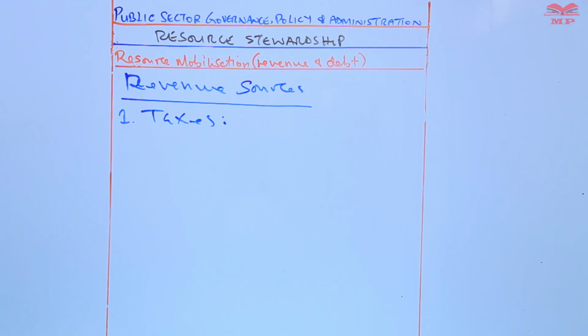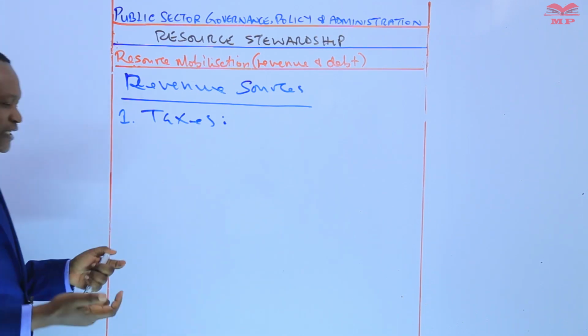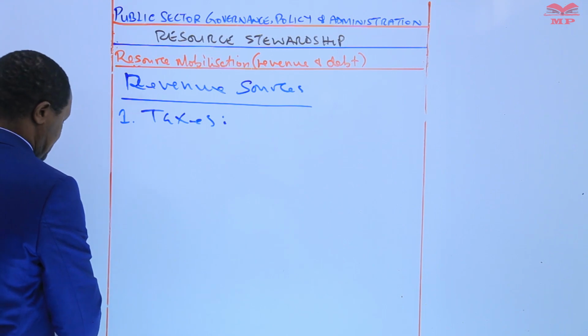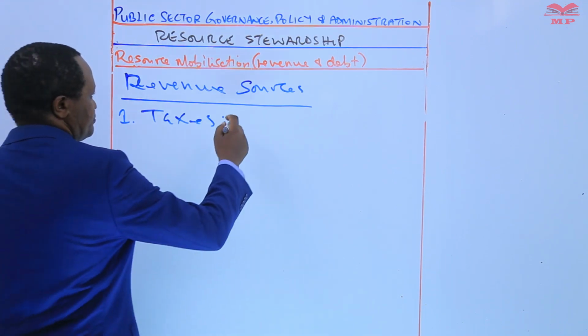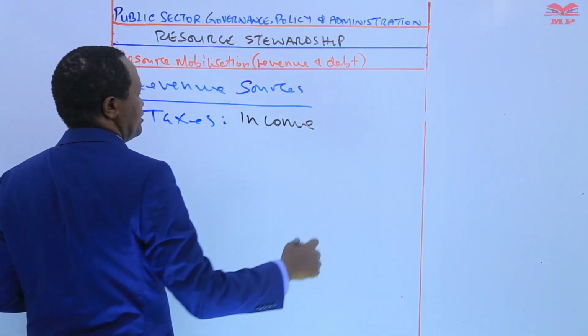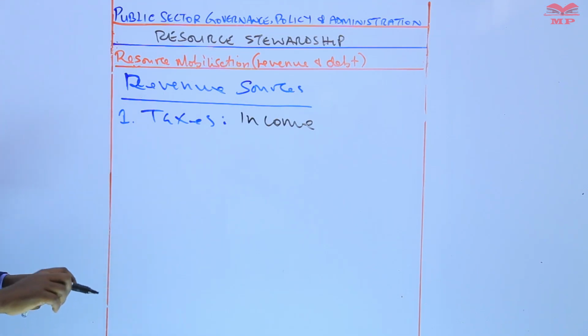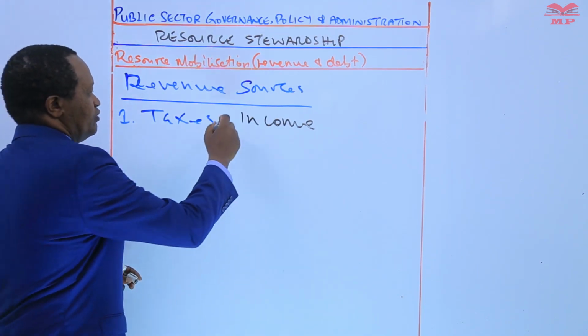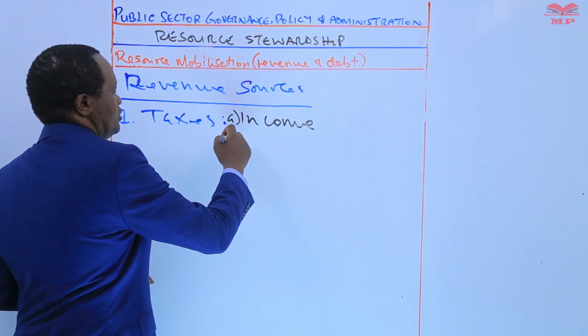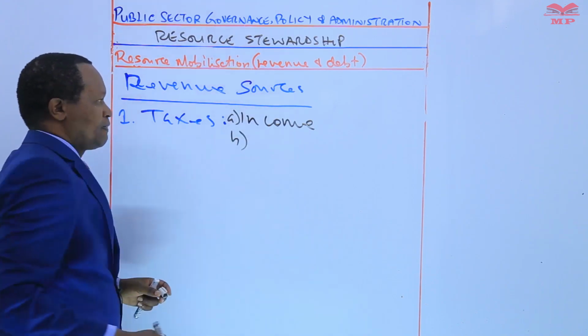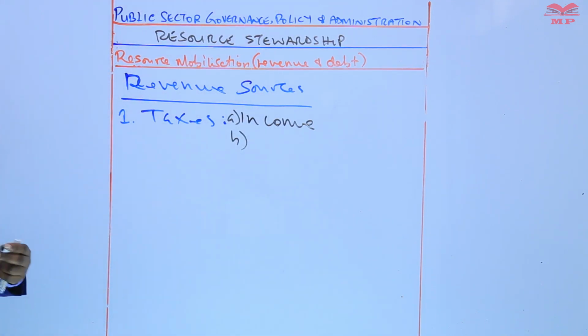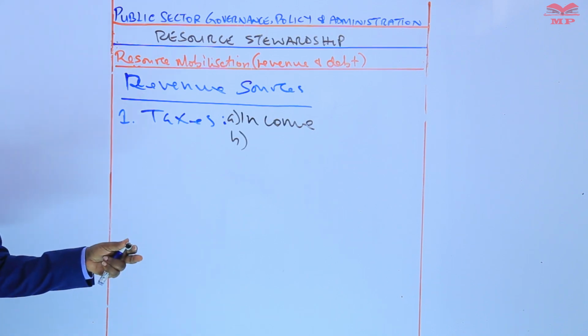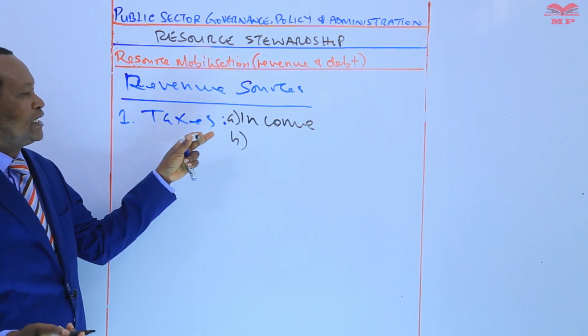And taxes can be levied on various things like income. Tax can be levied on income of individuals or income of corporations. Taxes on personal or corporate income is what we are referring to as income tax.